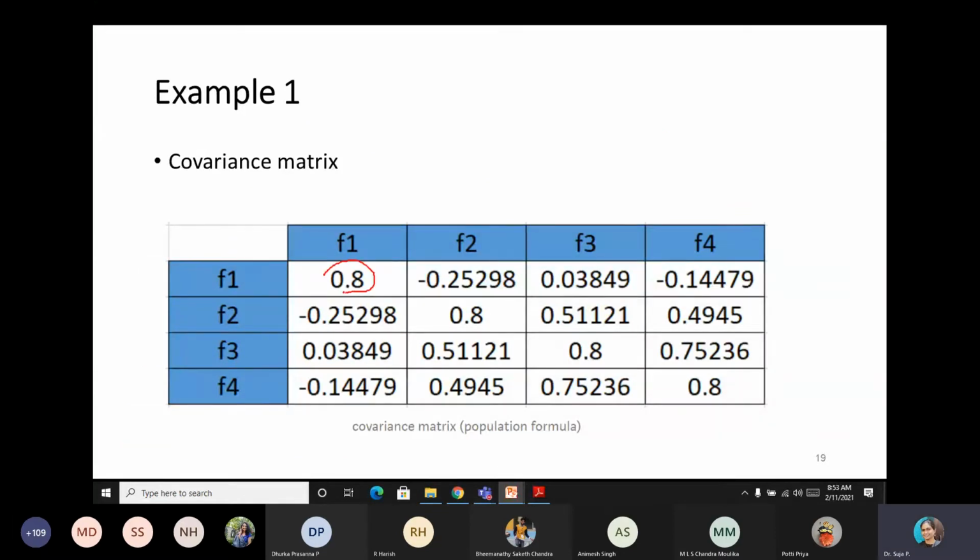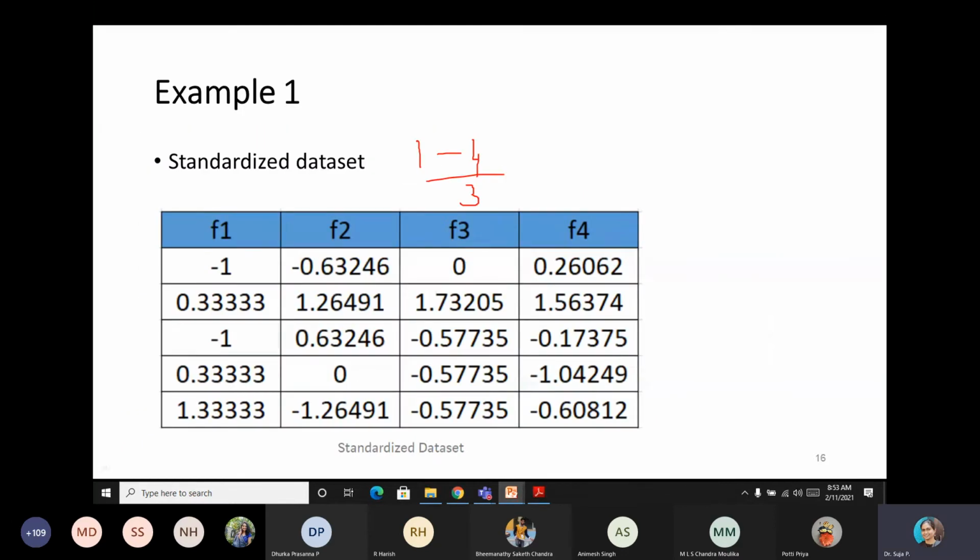Maybe I can take one example for variance and covariance and tell you how the values are calculated. For F1, we have these values. We find the mean of these: minus 1.33, minus 1.33 and 1.33, and so on. That will be minus 0.01 by 5, which is the mu value, nothing but about 10 power minus 3.